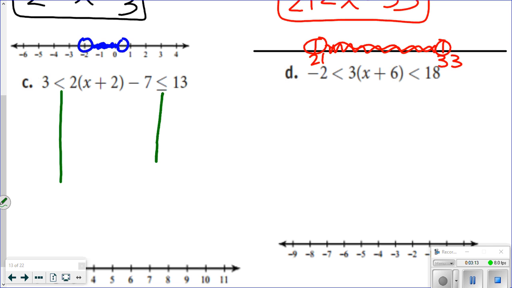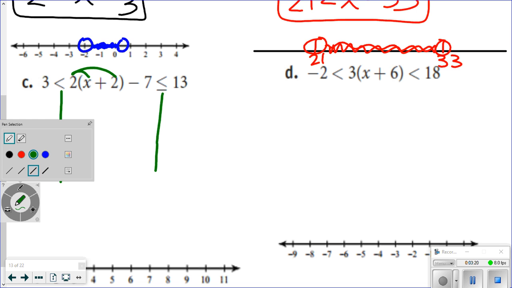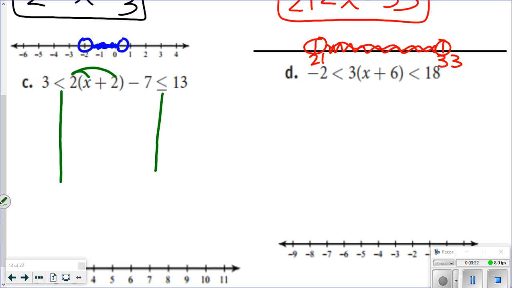Draw my two lines down. If I have a number in front of parentheses, that means to distribute or multiply. So 2 times x, we get 2x. 2 times 2 is 4. Bring down what we have left.